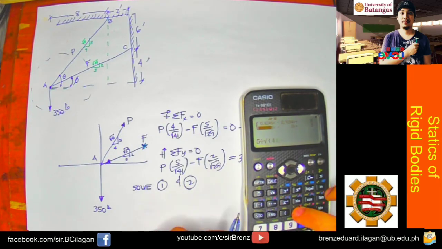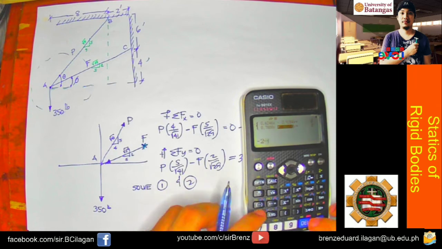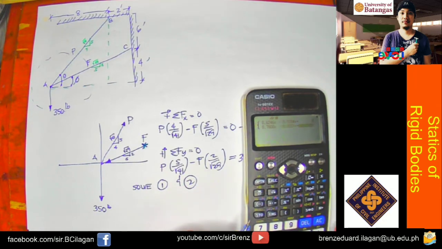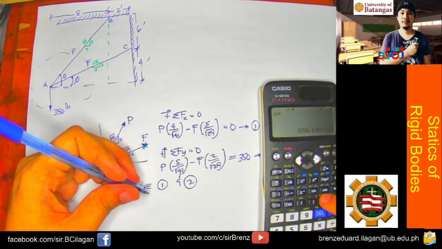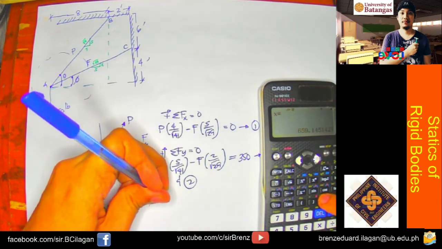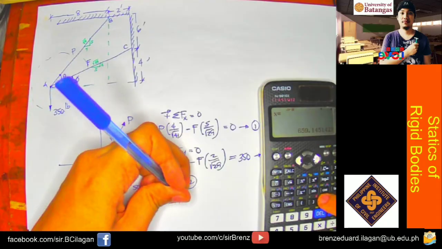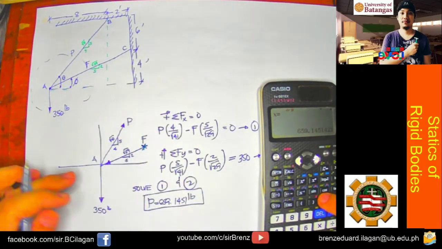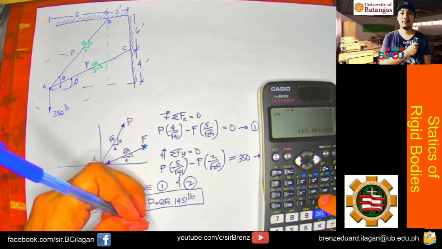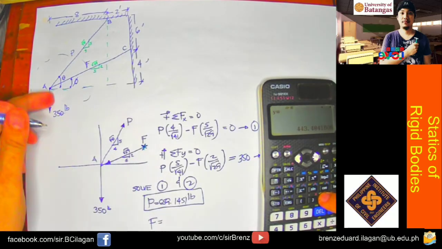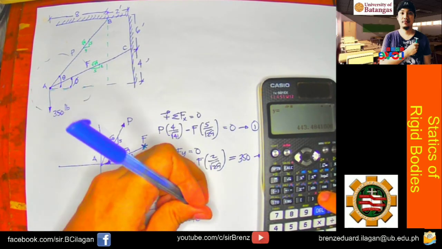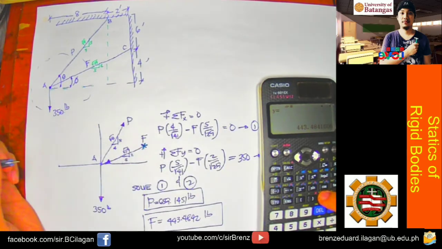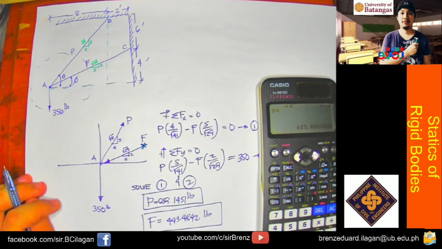And then, 5 divided by square root of 41, negative 2 divided by square root of 29, and then 350. Okay, so the answer for P is equal to 659.1451 pounds. So tama na siya is in tension. And we have for force F or for member AC, that is 443.4842 pounds. Okay guys, so let's proceed with the next problem.